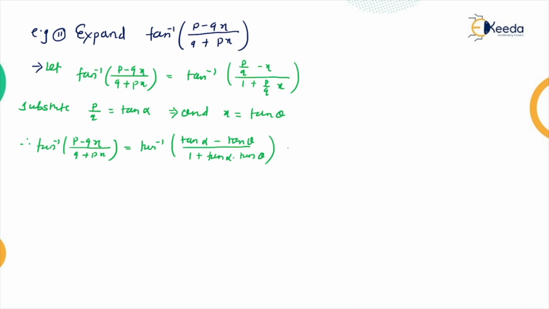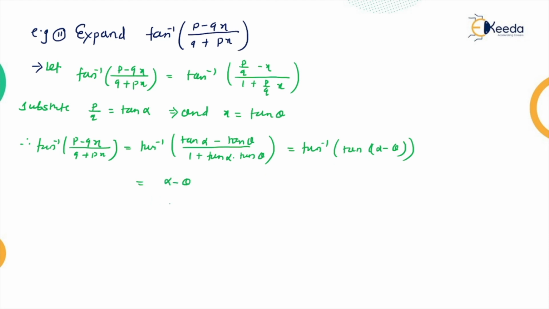This is the formula for tan of alpha minus theta, so the bracket becomes tan of alpha minus theta, and therefore tan inverse and tan cancel, and we get alpha minus theta as it is.